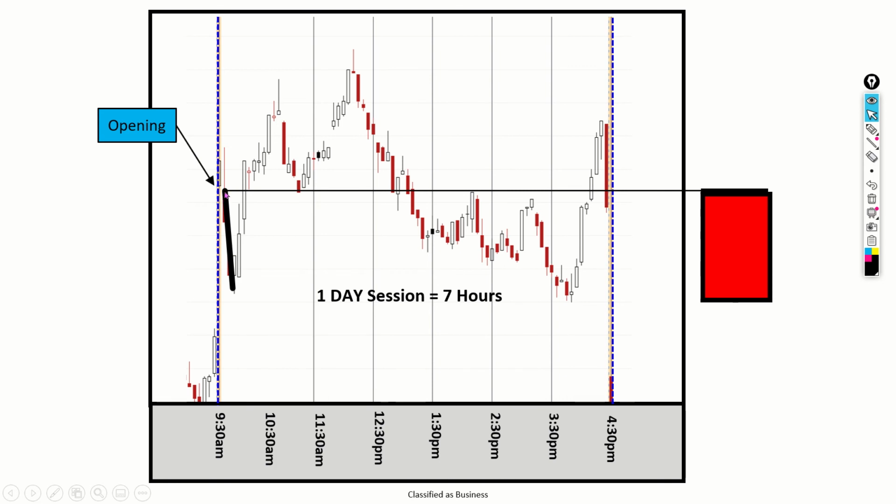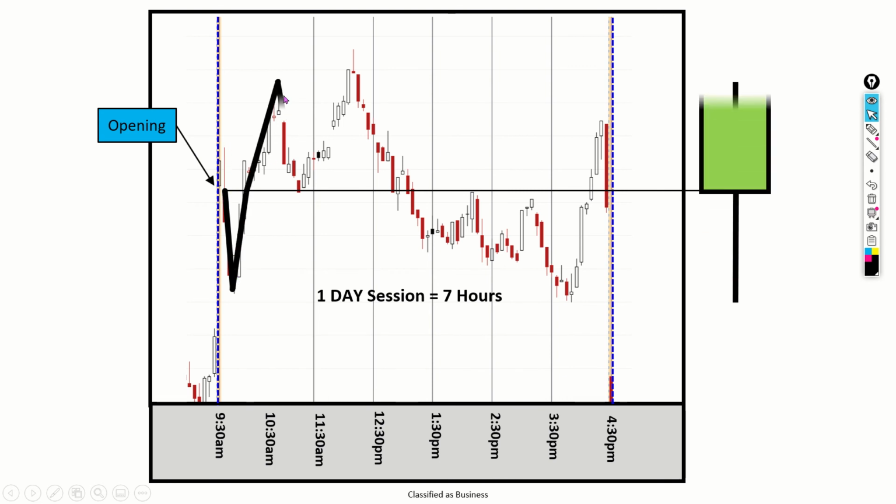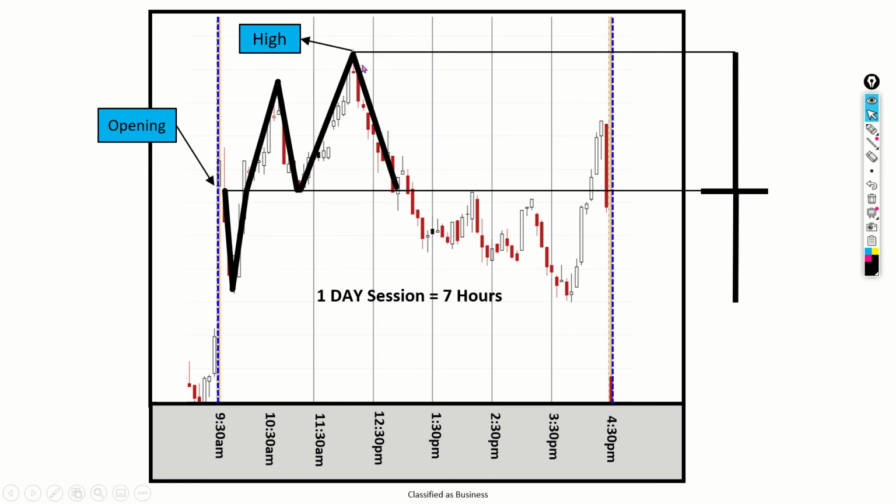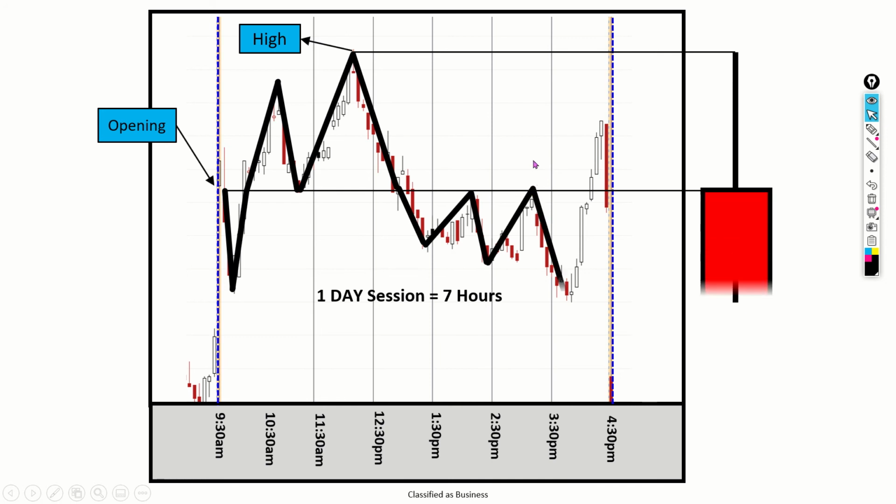First the price makes an up move, then down, up, down again to the opening price, which becomes a support level, goes up, and then gets rejected. It forms a high, couldn't go any higher, gets rejected. Forming some bearishness, it comes back to this level, forms a resistance, goes down again, tries to go up to the resistance again and gets rejected.